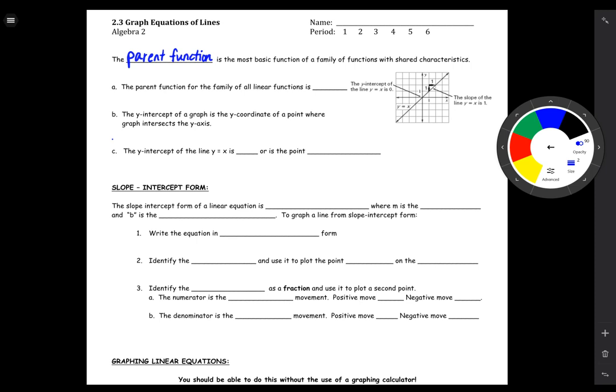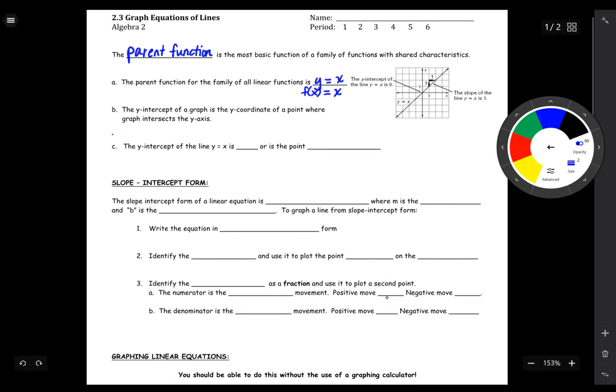The parent function for the family of all linear functions is y equals x. Well, y equals x is the equation. We can write it as f of x. In this particular function, the y-intercept of that graph is at (0, 0), the origin.